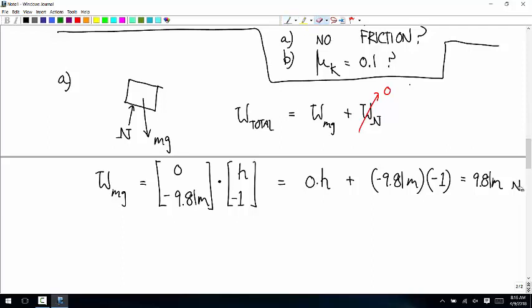The newtons off. And that's not newtons, it's joules. Okay, so that is our total work. Okay? Got it?